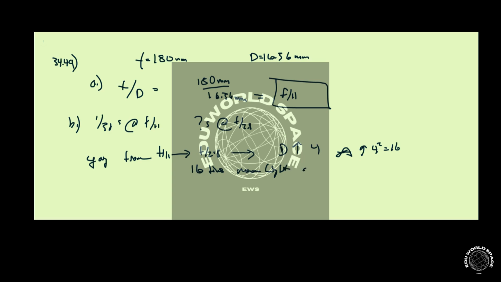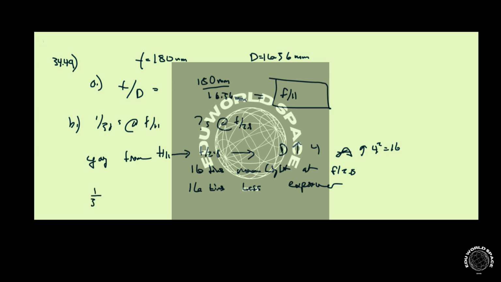So 16 times more light at f2.8. We want the light to remain the same over the whole exposure. So if we have 16 times more light, then we need 16 times less exposure.